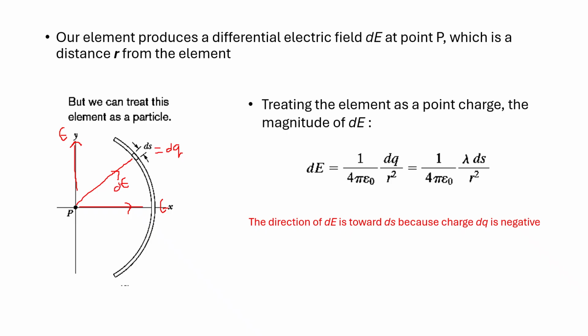So for each charge element, the differential electric field equals 1 over 4 pi epsilon naught times dq over r squared. Or, when you want to include the line charge density, the differential electric field equals 1 over 4 pi epsilon naught, the permittivity of free space, times lambda, the line charge density, times the arc length ds over r squared.